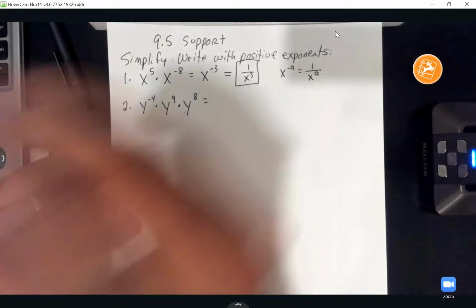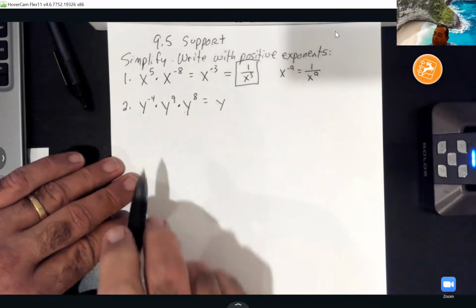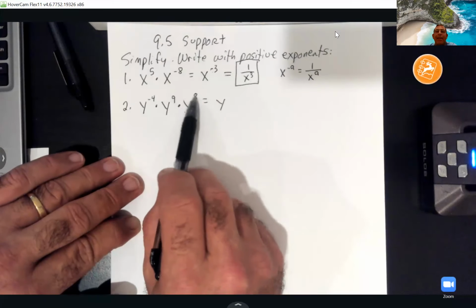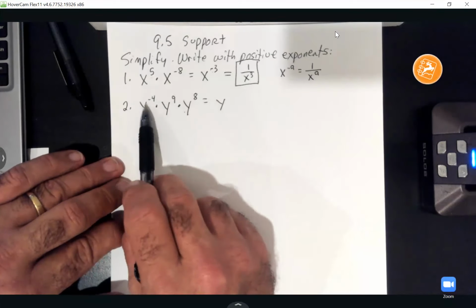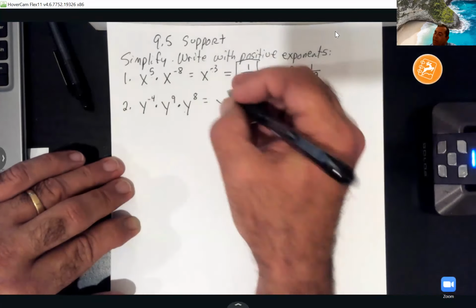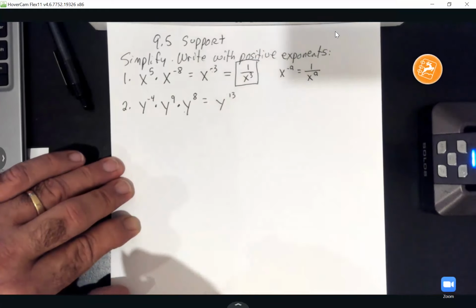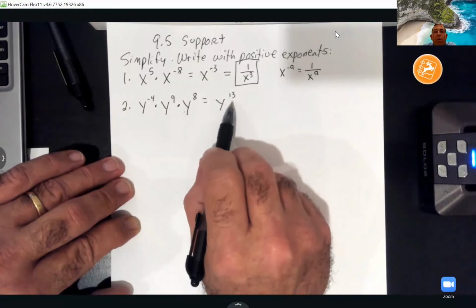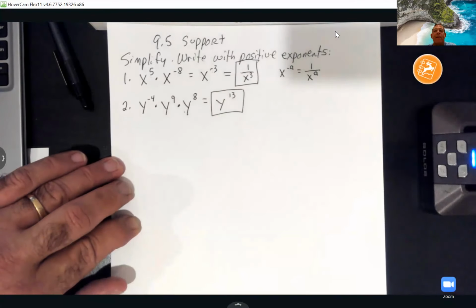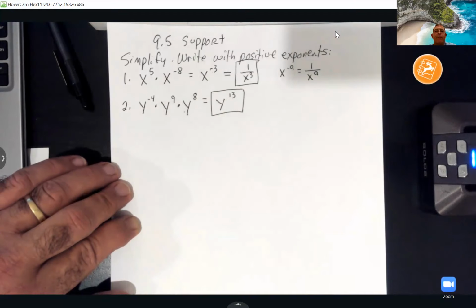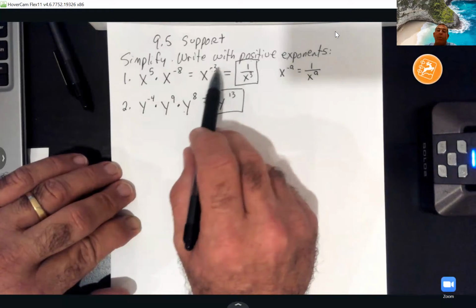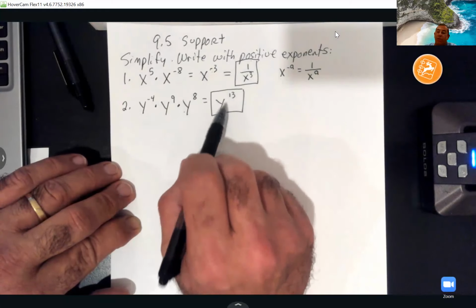Let's see what we got. 9 and 8 is 17, and 17 minus 4 is 13. Now that exponent's positive, so since the exponent's already positive, that's the final answer. We're only looking at the flipping part if we end up with negative exponents as our results.